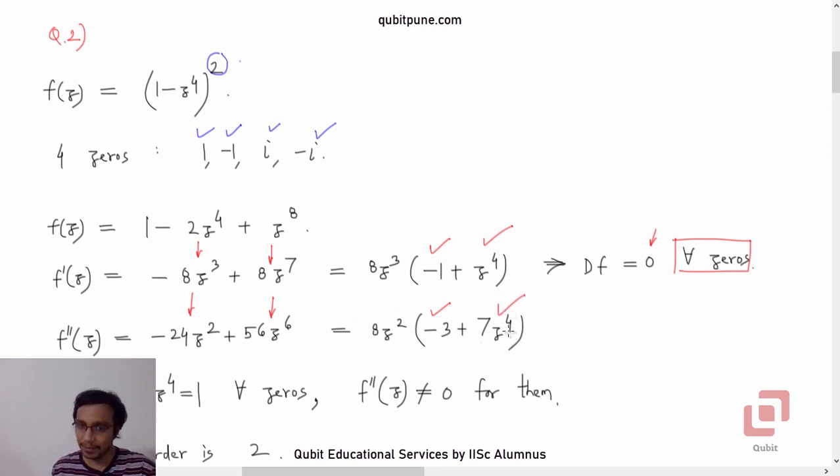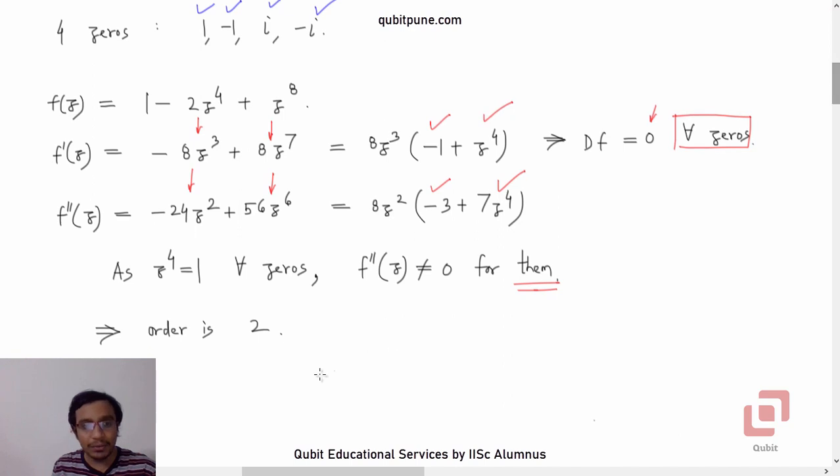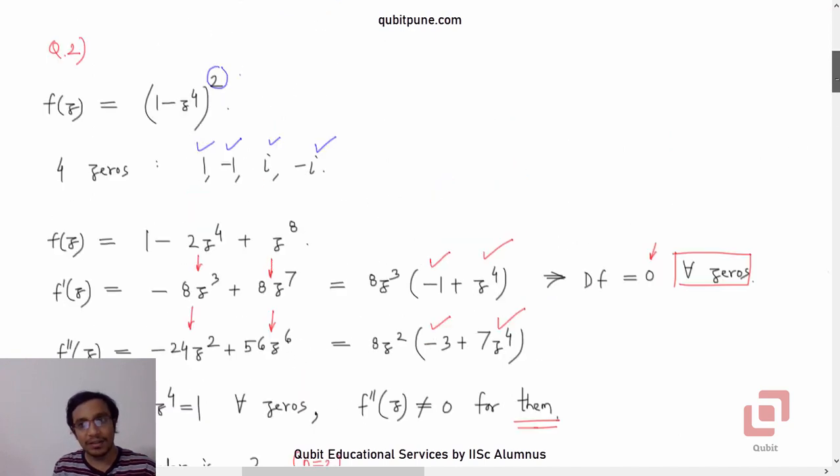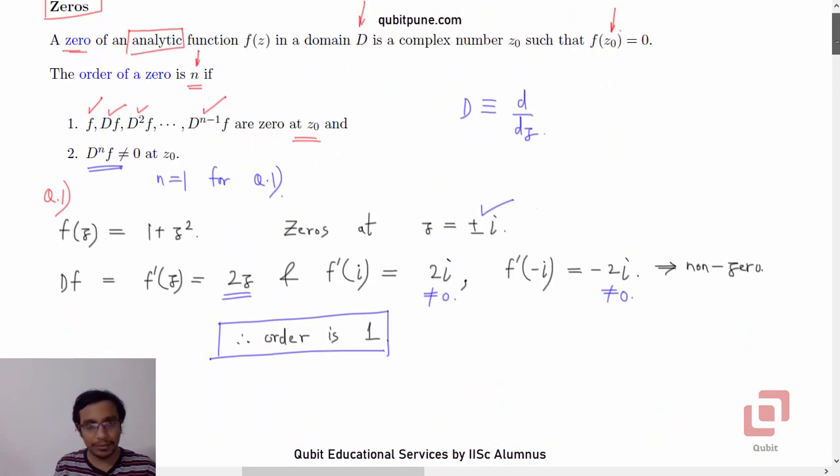Now z to the power 4 is 1, so this term is definitely not going to be 0, and so is 8z squared. So the second derivative is not equal to 0 for all of them, which means the order is equal to 2 for all the zeros of this particular function. So n equals 2 for question 2.